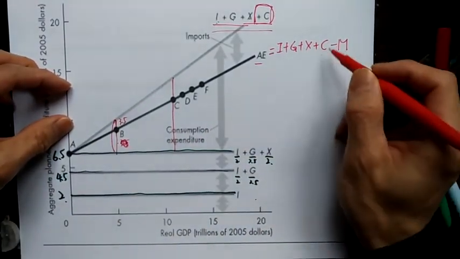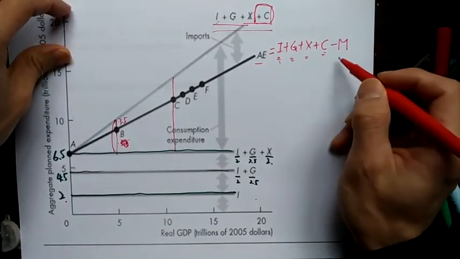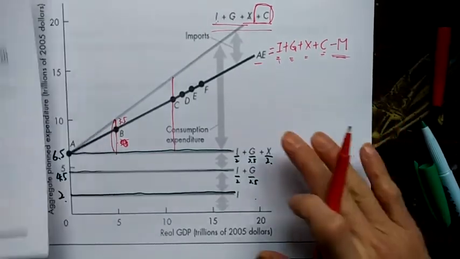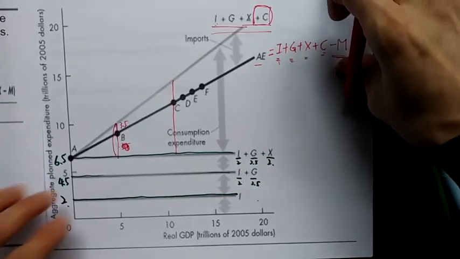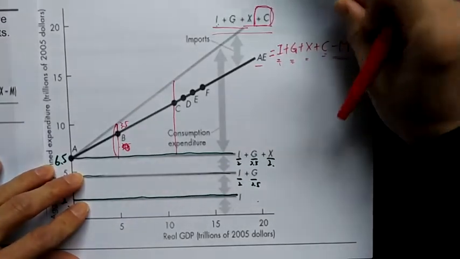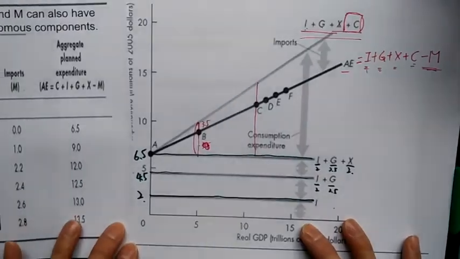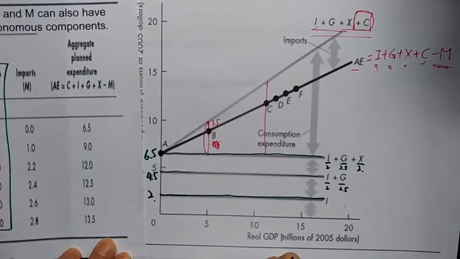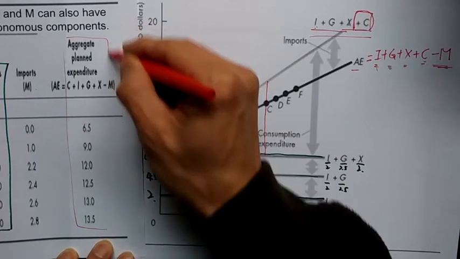That is C plus I plus G plus X minus M. You can map the last column of the table to the aggregate expenditure function.